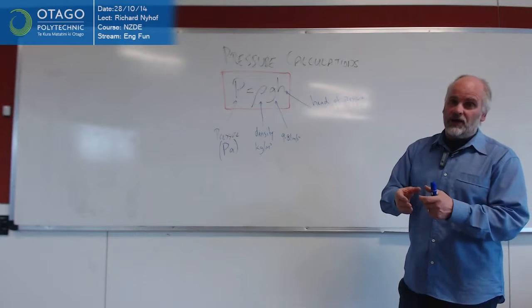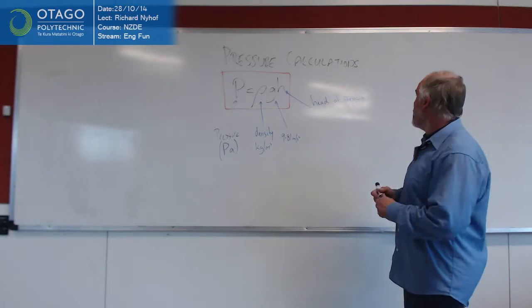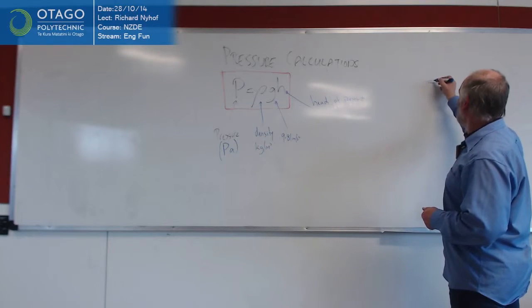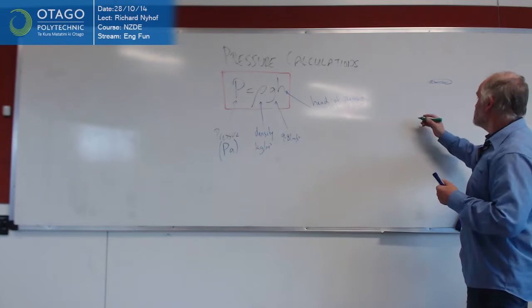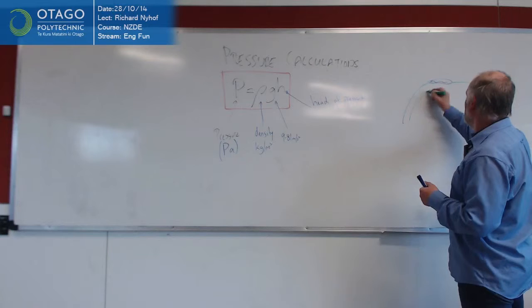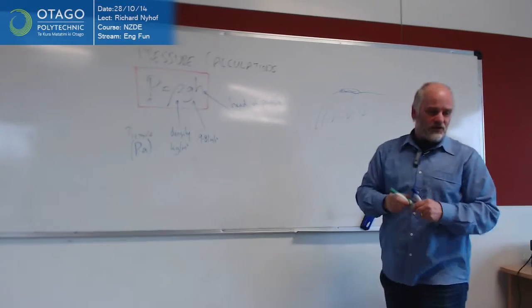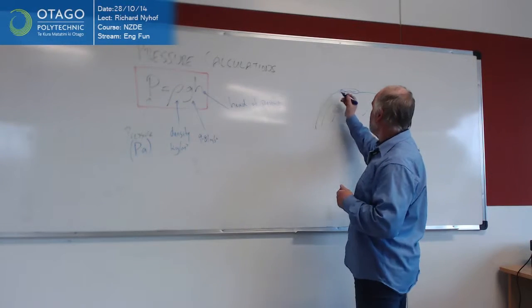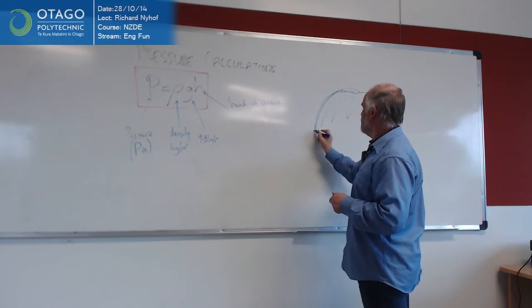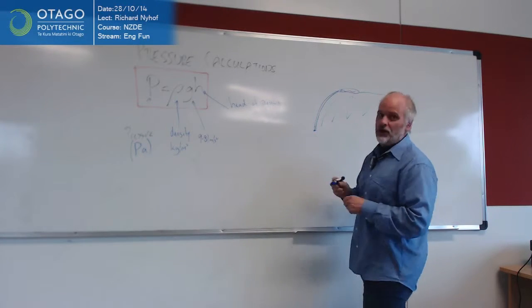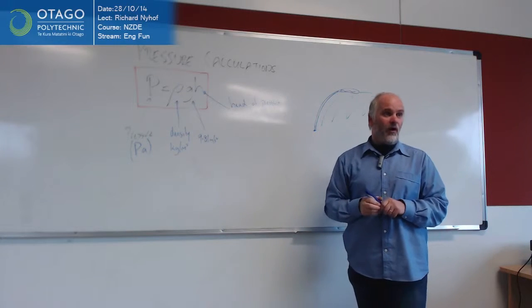So if you've got a pipe coming from a reservoir, a reservoir up on the top of a hill somewhere, hills, of course, are green, so that's a hill, and you've got a pipe running off that reservoir, the question is going to be, what pressure is the water going to have at the bottom of the pipe?